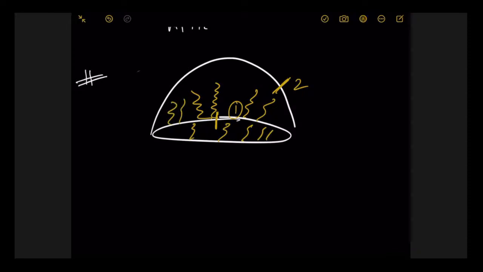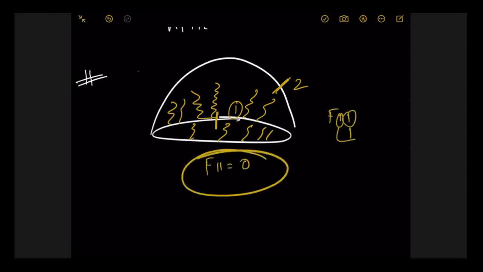So here F11, what will it represent? From object 1, if the same energy is going towards its own object. So F11 is 0, because it is the bottom part. But from the second object, the self view factor for the second is not 0. See, here it can go to its own object.